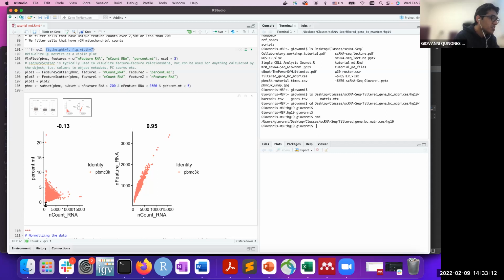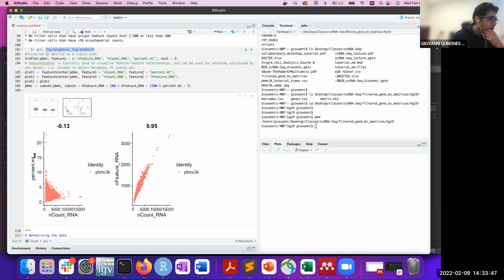You can imagine from cell 1 to cell 2, both probably have the same amount of RNA molecules coming from mitochondria, but one of these two cells has more RNAs overall, which drives the proportion a lot higher for one of them. And of course, that's going to be a cell that you don't want to include in your study.